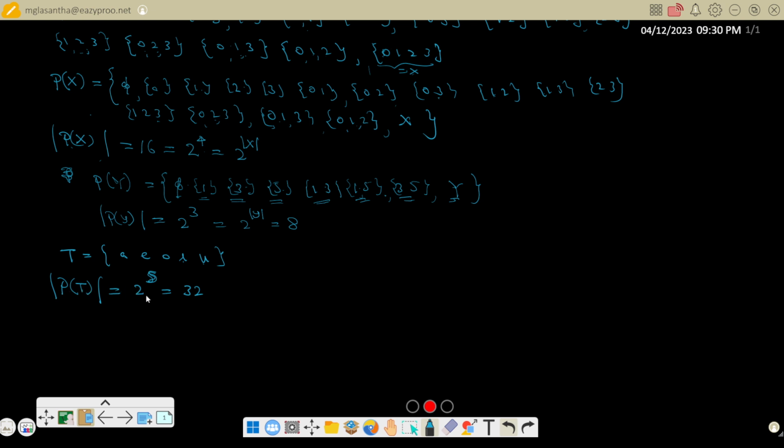The power set of T includes 32 subsets. So you can write PT. It includes the null set, then sets having single elements A, E, I, O, U. Then you can take two at a time: A, E, A, O. Like that you can write all subsets.